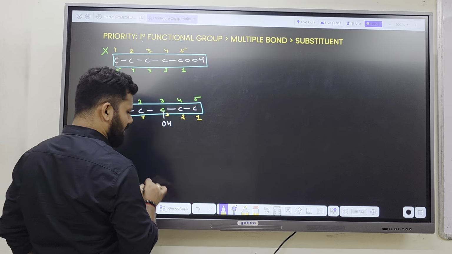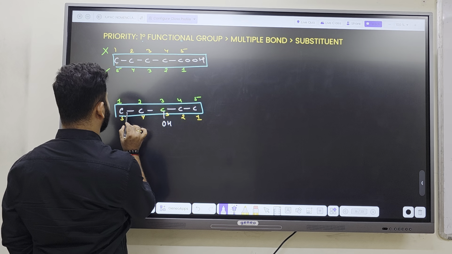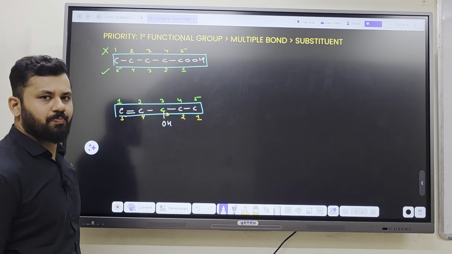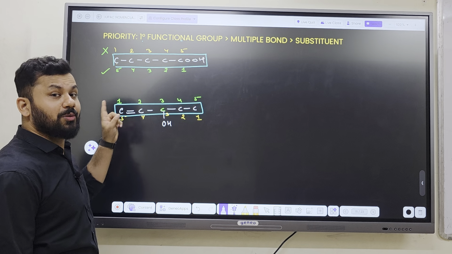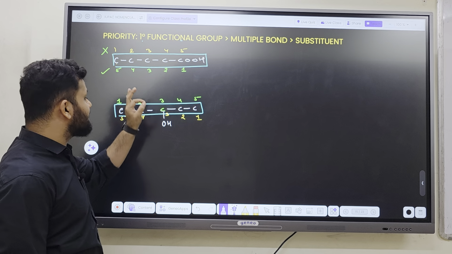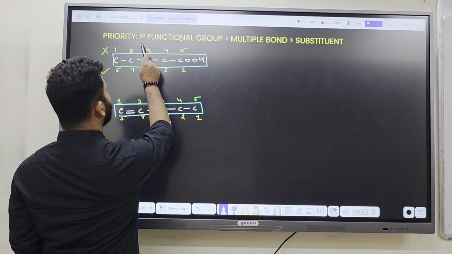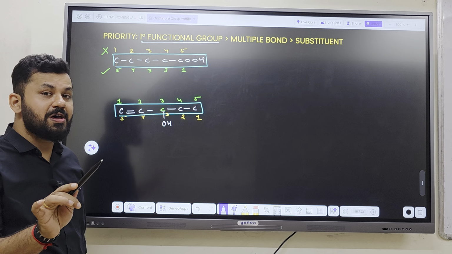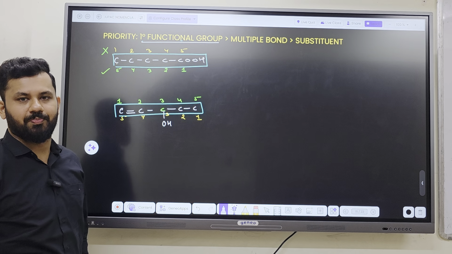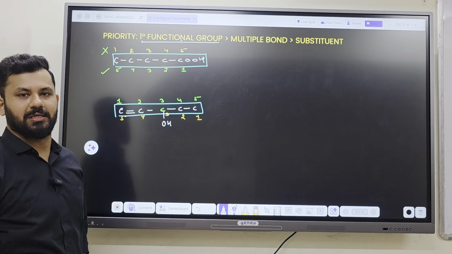However, let us place one double bond. Let us place it somewhere over here. So in this particular example, whether you go from left to right or right to left, you end up assigning the same number to the functional group. That is, both the ways the functional group gets assigned the same number, and therefore we cannot use functional group as a criteria to decide which way to number it.